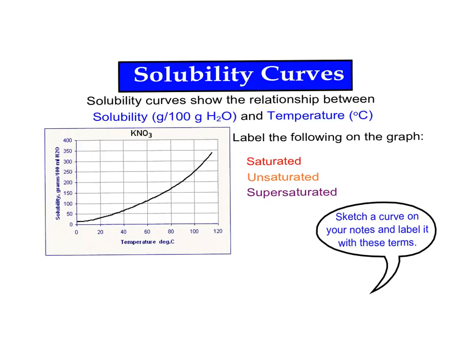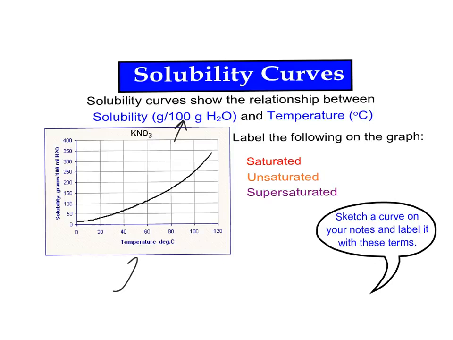And because you can have changing solubilities with changing temperatures, naturally you can make a graph out of it. That's what a solubility curve is. It is a graph that shows the relationship between solubility, how much stuff you can dissolve, per 100 grams of water, or 100 milliliters of water, because remember, 1 gram of water is 1 milliliter of water, and temperature.